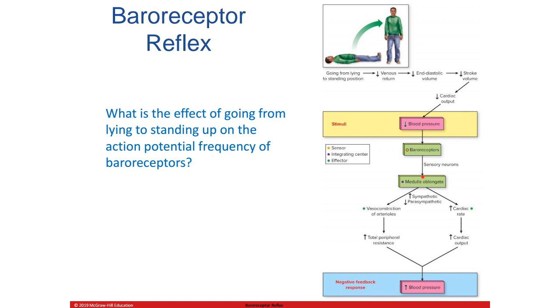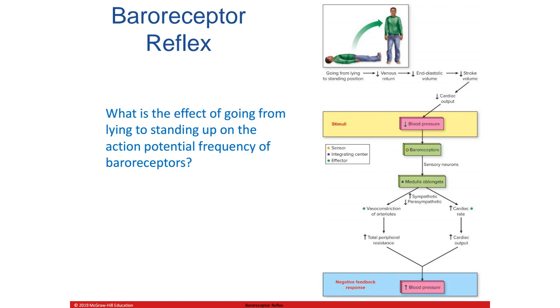Okay, so then the baroreceptors send their information to the medulla oblongata, which is the lower part of the brainstem. And there you have the vasomotor center as well as the cardiac control center. And these centers have effects on the sympathetic and parasympathetic nervous output to various parts of the body.